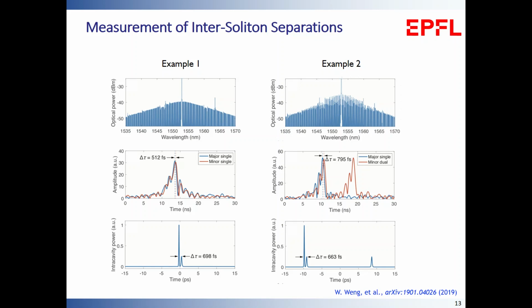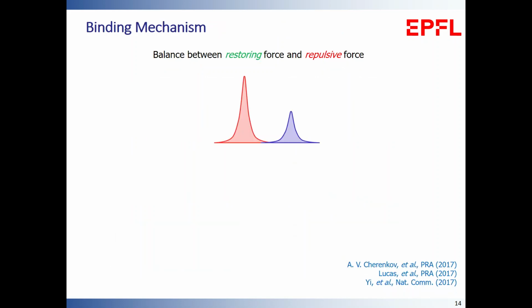You can see that the disagreement between the simulation and the experimental results is not very large, right? They are maybe 10 or 20% deviations, but this simulation is pretty accurate.